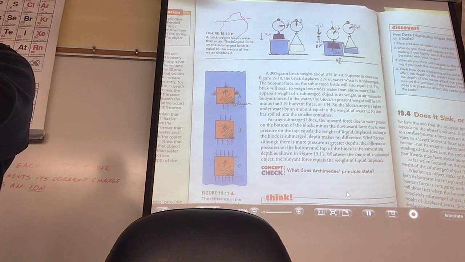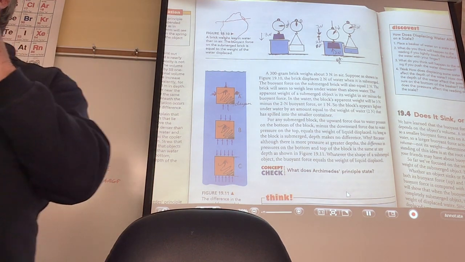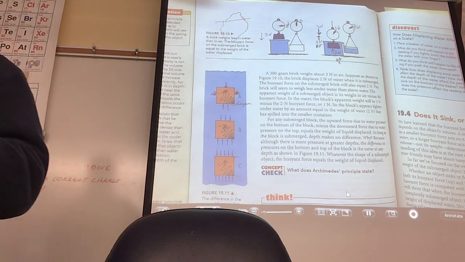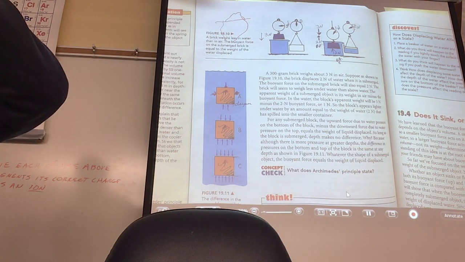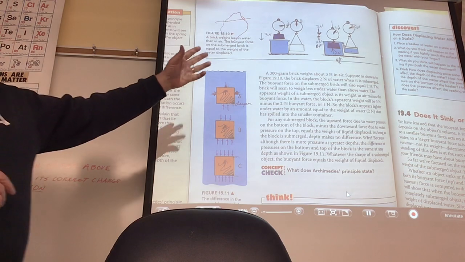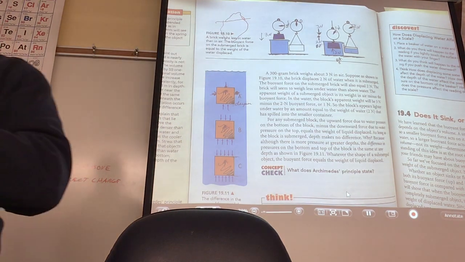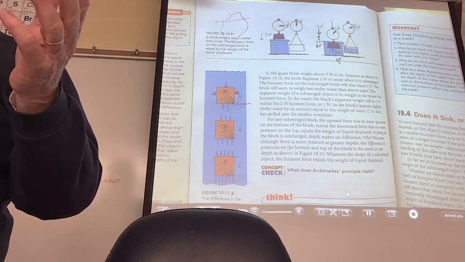Yes? Yeah, even though the Earth's pulling down, there must be something else pushing up with about 2 newtons, because 3 down and 2 up is 1 down. So the apparent weight is only 1 newton. Now, Archimedes said the amount of buoyant force, measured in newtons, right?